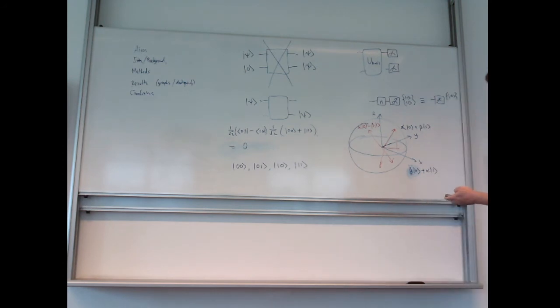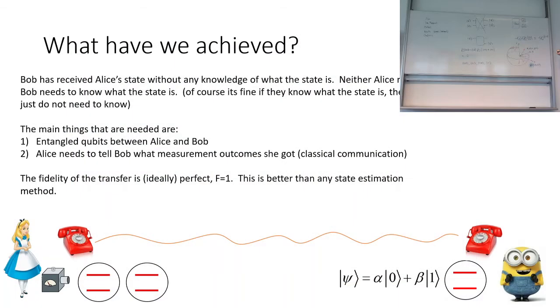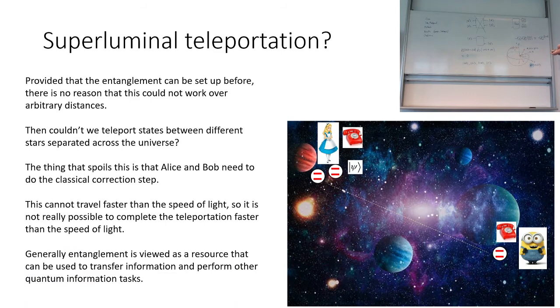So what this means is that when you do your teleportation, the four cases that you end up with at Bob will never really give any information about what Alice's original state was. So it's a little bit like the superluminal communication that we talked about several lectures ago.